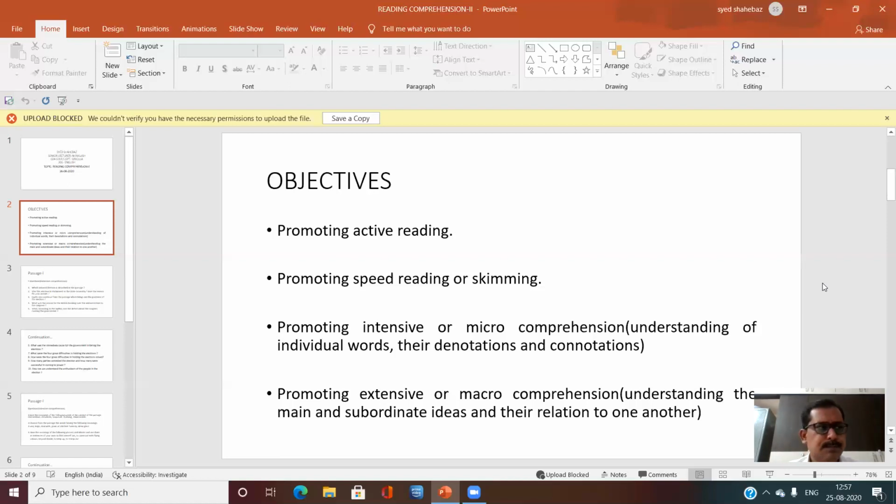So this is the introductory part of this lesson. Now I will read the lesson, the passage, then we will discuss the questions and answers.